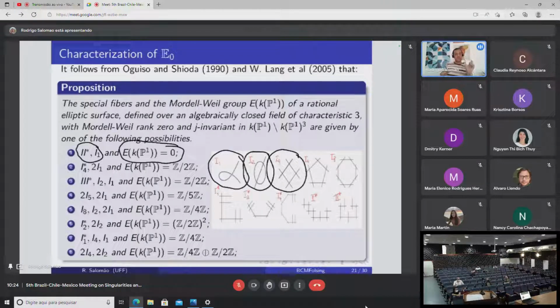And we take each pencil generated by these contractions, by the combination of these contractions, and we can blow up the base points of these pencils, making some blowdowns in order, with a different group of sections started from different sections.